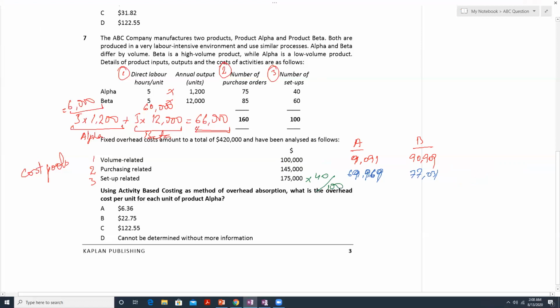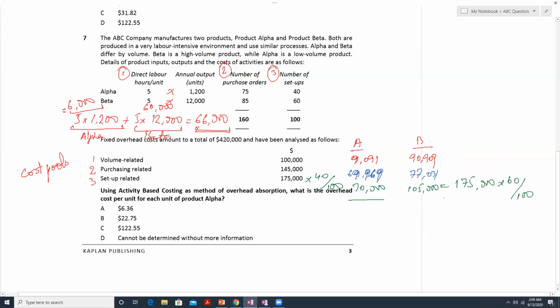So I will multiply it by 40 divided by 100, and I will get 70,000. Similarly, for beta, I will multiply this 175,000 by 60. I'll divide it by 100 to get 105,000.